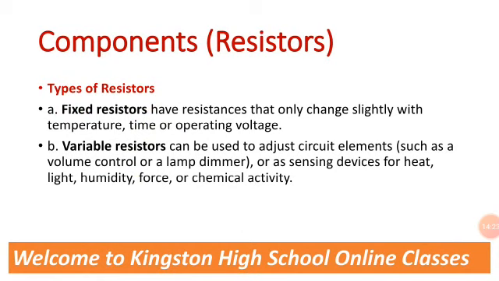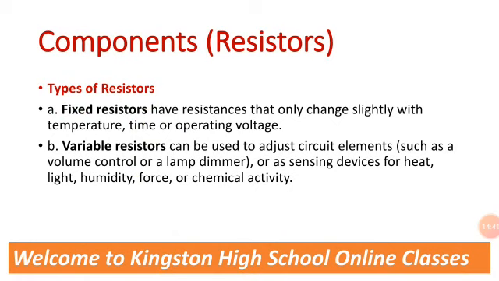Then we have the variable resistor. This one can be used to adjust circuit elements, such as volume controls or lamp dimmers: the shining brightness of a lamp, the level of volume in your electronics, your home theater and sound systems.